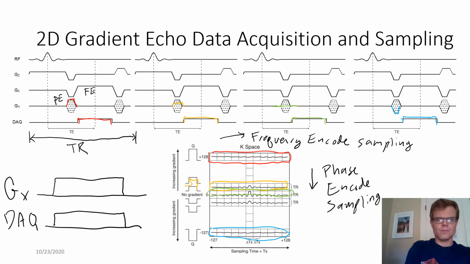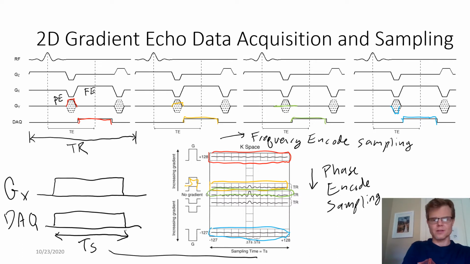We have some total data acquisition time, the sampling time at the bottom, TS, corresponding to this sampling time here. This is the total length that we're acquiring signal, and we're also digitizing this signal at some time interval, some sampling interval, delta TS.